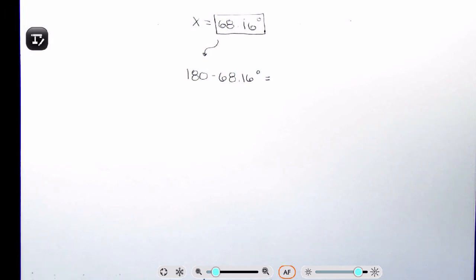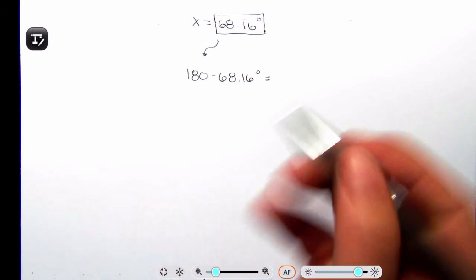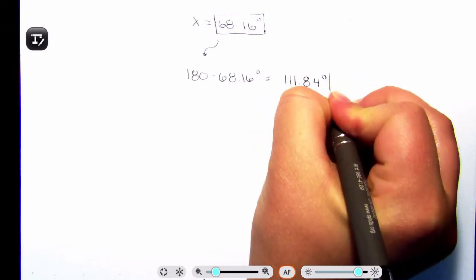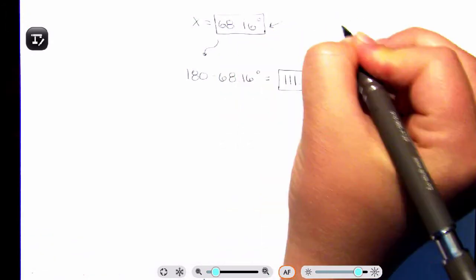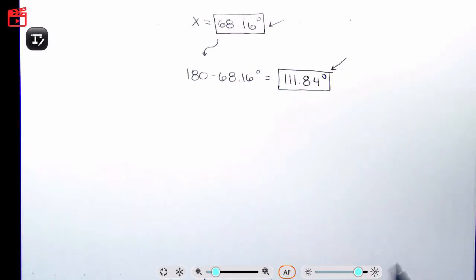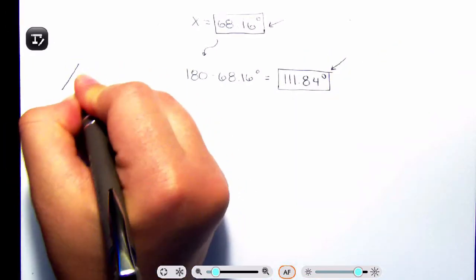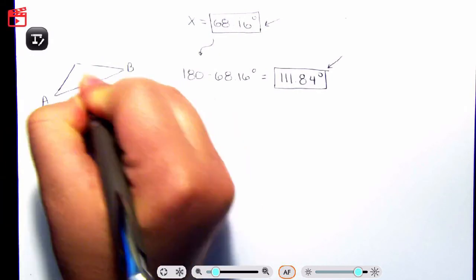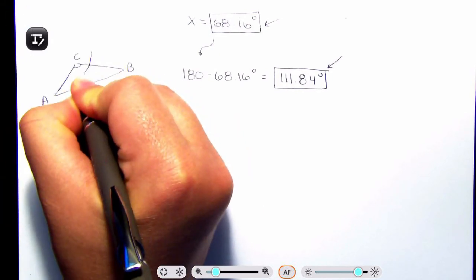So 180 minus 68.16 gives me 111.84. So this could be our angle for angle X, or in this case, angle C. We had our A, B, C, so this is what we were solving for.